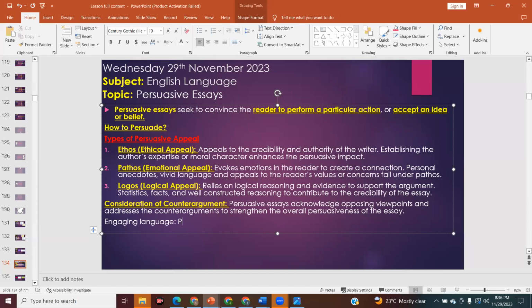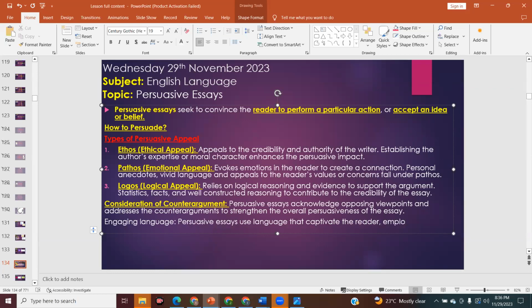So persuasive essays use language that captivates the reader.